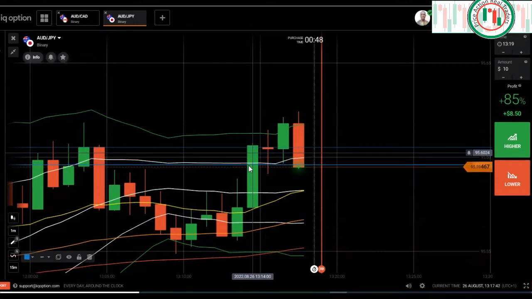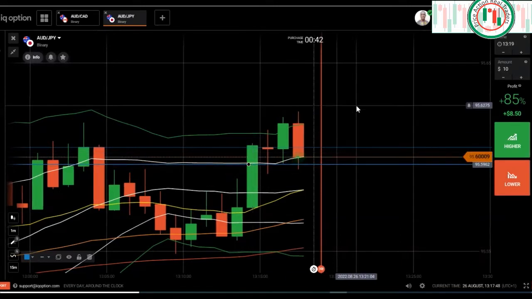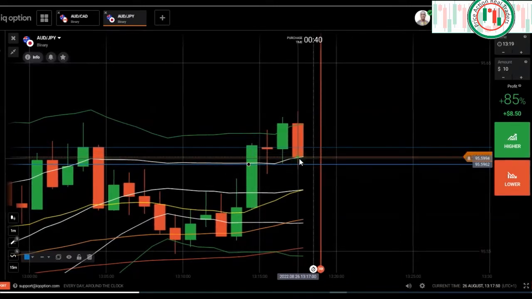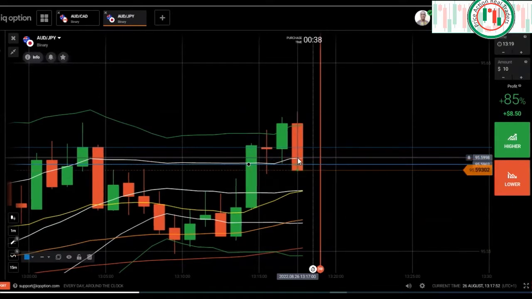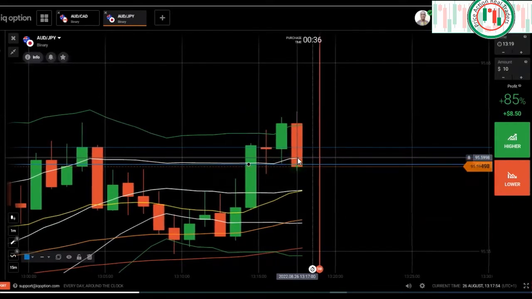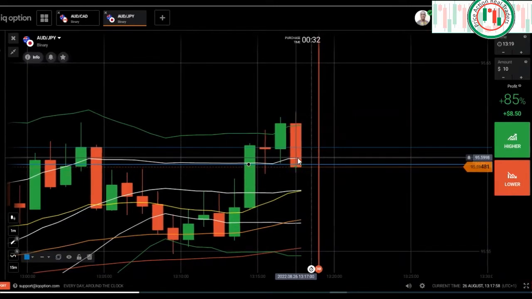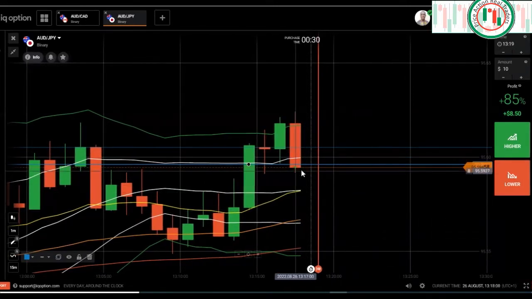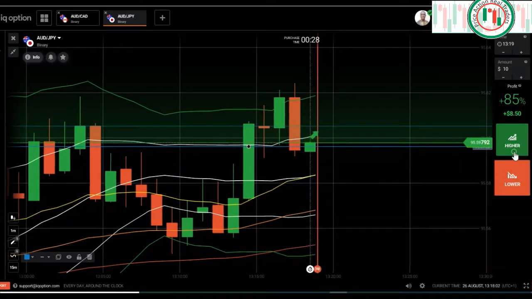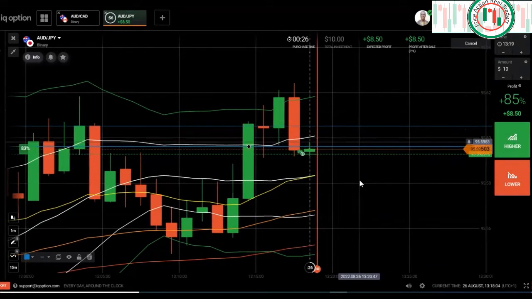So here is our zone. You see rejection here. Yes, I can see rejection. I will place call option here.